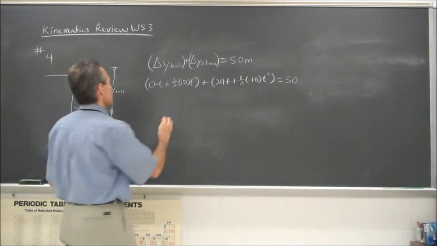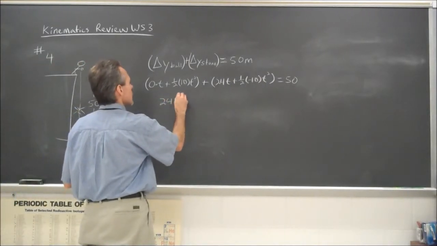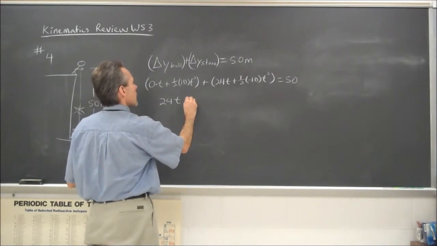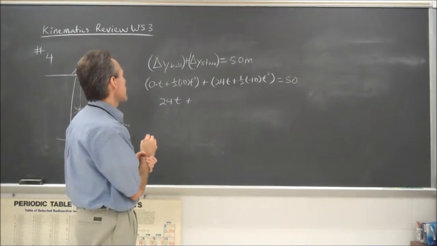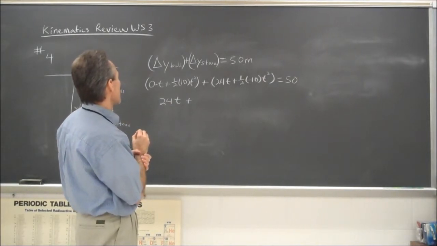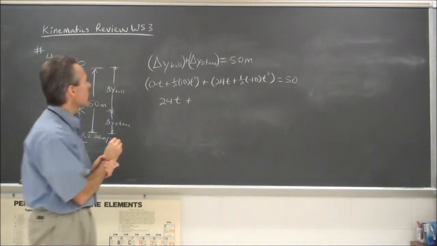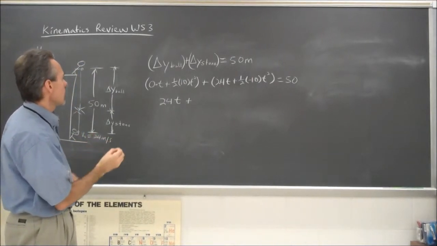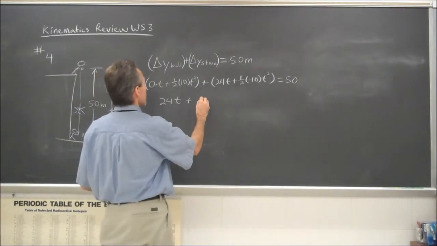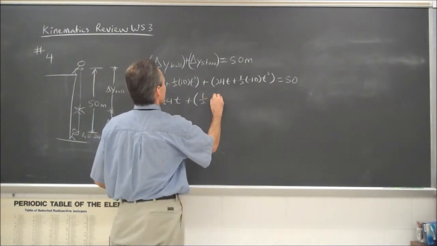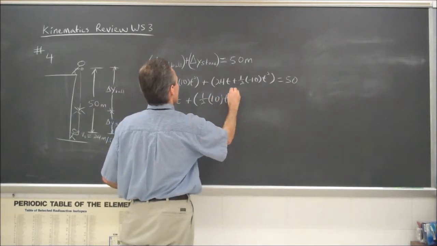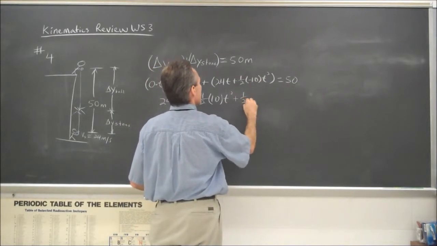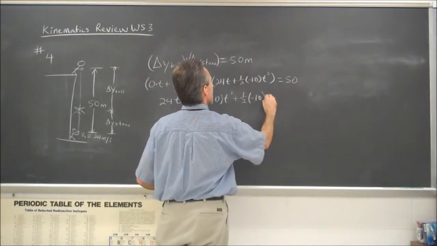So combining these things together, I end up getting 24t plus 1/2 of 10 times t squared plus 1/2 of negative 10 times t squared.